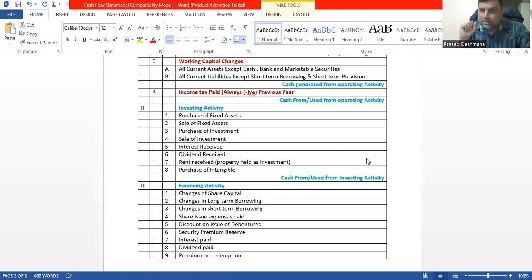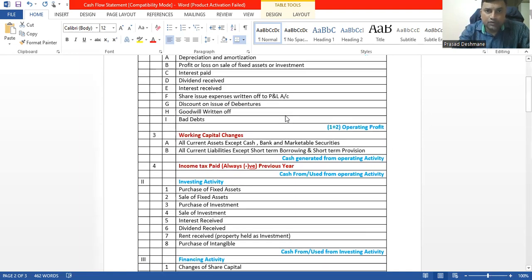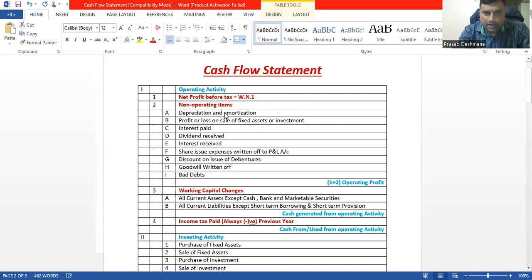Now, the question in your mind is, what if the intangible asset decreases? For example, goodwill, last year it was 15,000 and current year it is 10,000. It is decreased by 5,000. So where are we going to record that? If you are not going to record it in the investing activity. See, the non-operating item is called amortization. What does amortization mean?